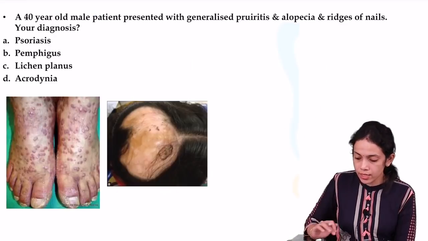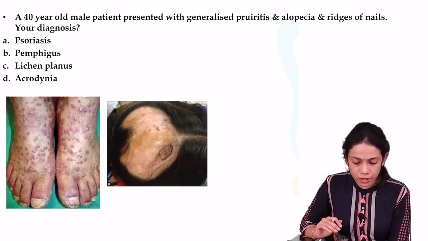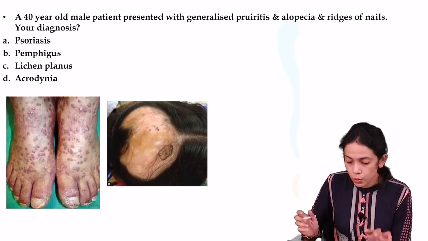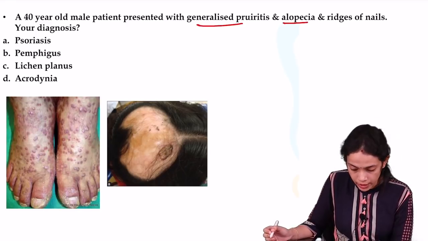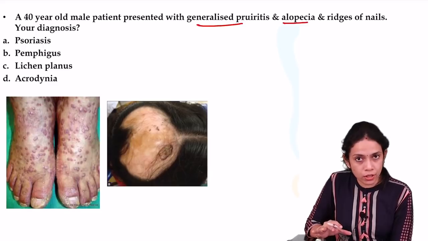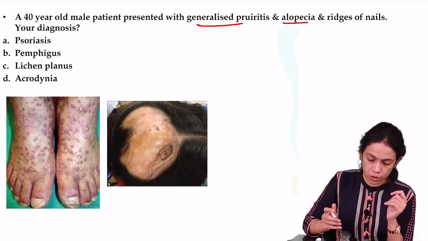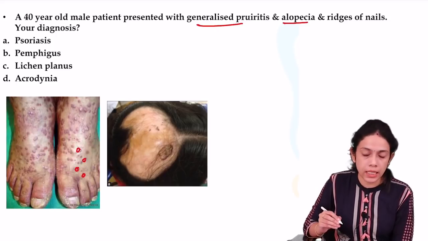Next, let's jump to the other case. Here a patient presented with generalized pruritus and alopecia, and also has ridges of the nails. So what is your diagnosis? A simple question. If you give a good glance to the picture posted here, there are pruritic papules which are purple in color, right?